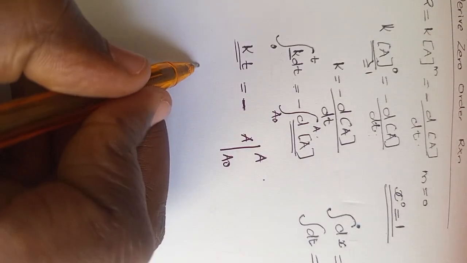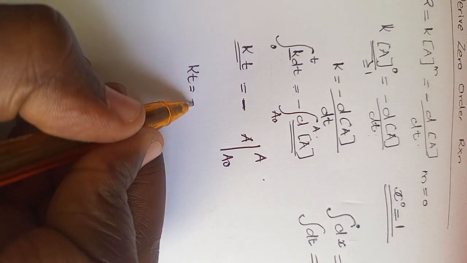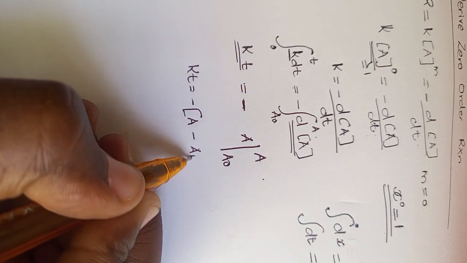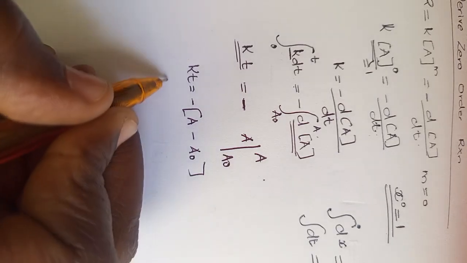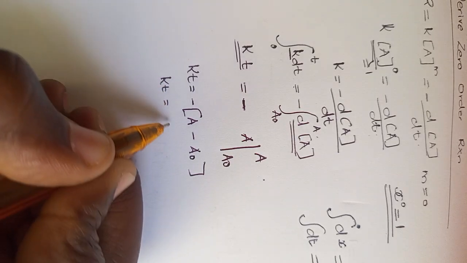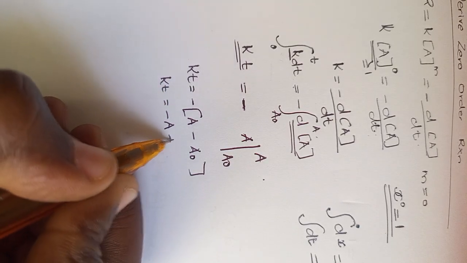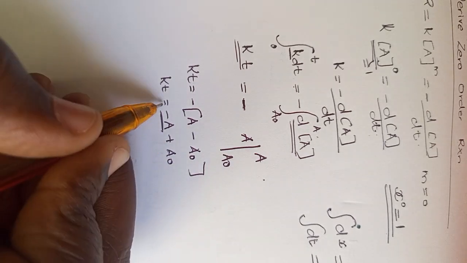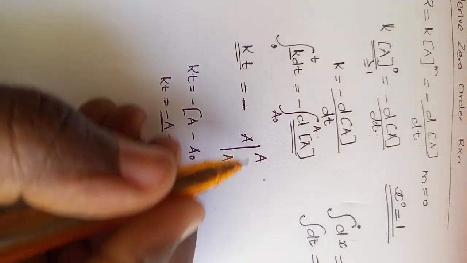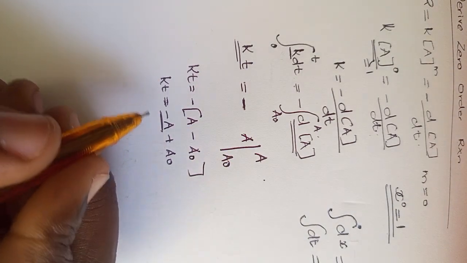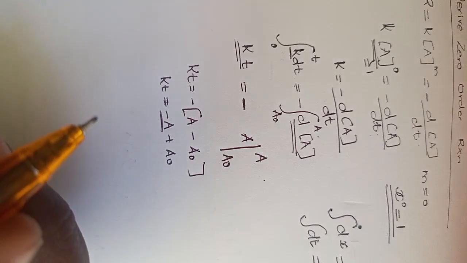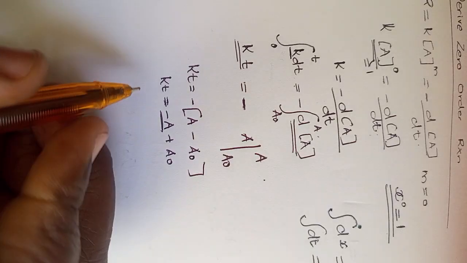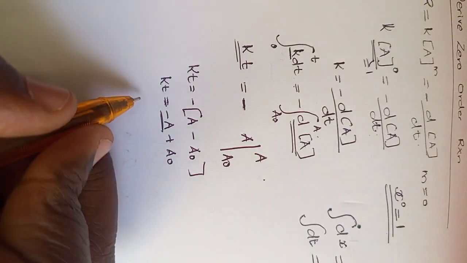Therefore, Kt will be negative of A minus A initial. Opening the brackets, Kt is equal to negative A plus A naught. We want our A to be on one side of the equal sign and the other values on the other side, so that we can find a simpler way of writing the whole zero order reaction.